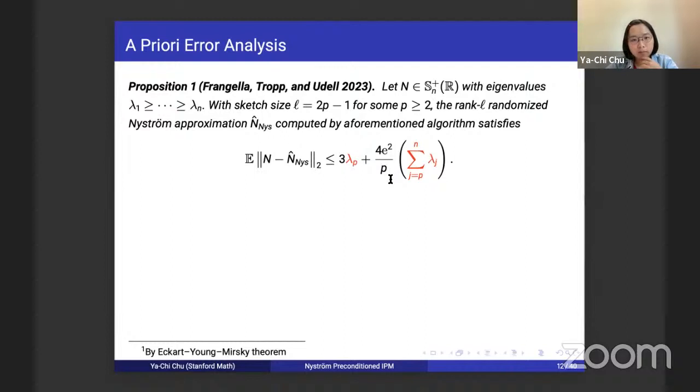And how could we understand these two terms?